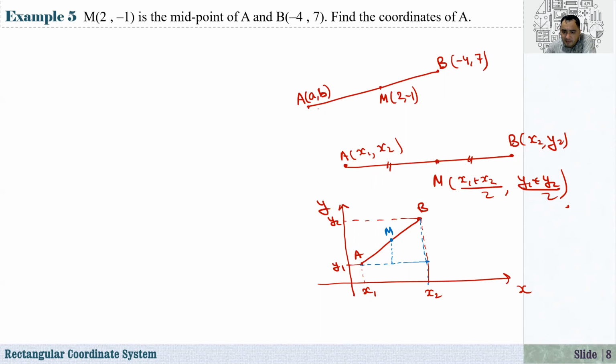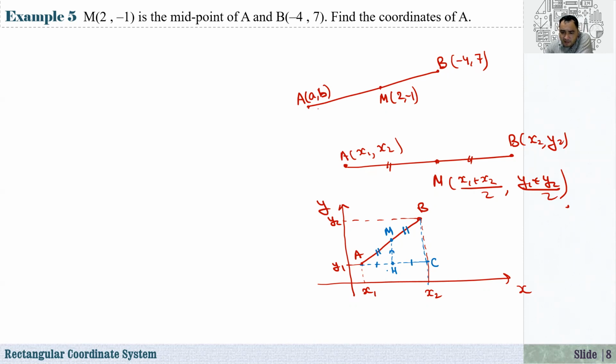Let me label this point H, and this one C. The triangle AMH is similar to triangle ABC. It is given that AM is equal to MB, so if you draw a parallel line, it must also bisect this line segment. And MH is half of BC.